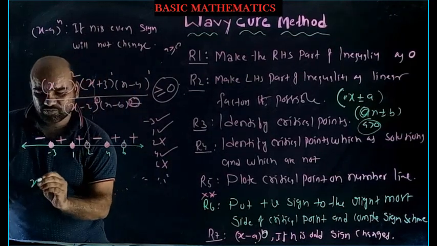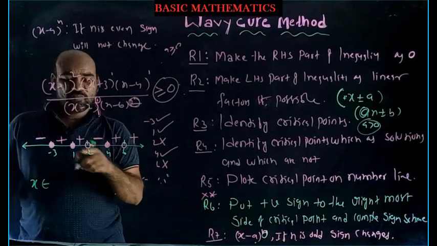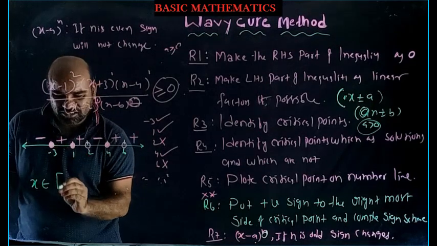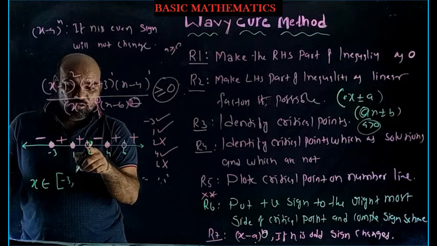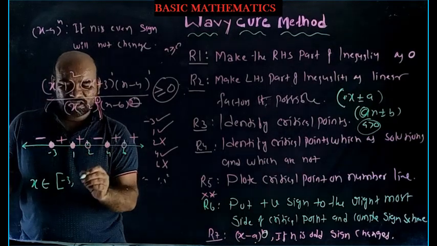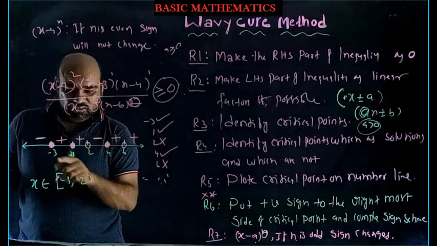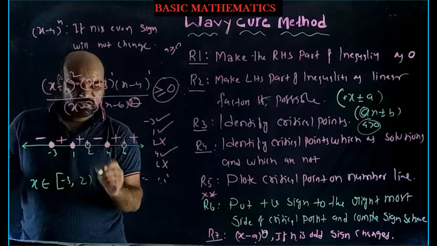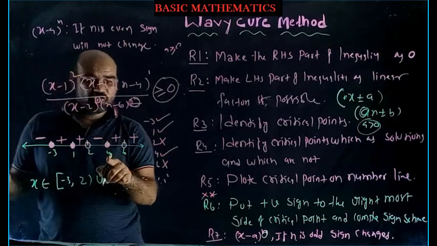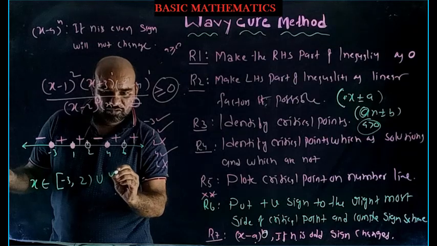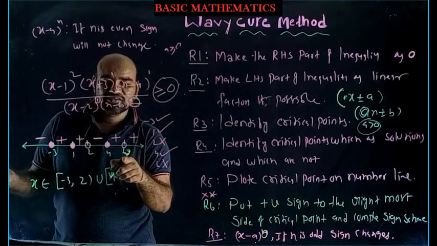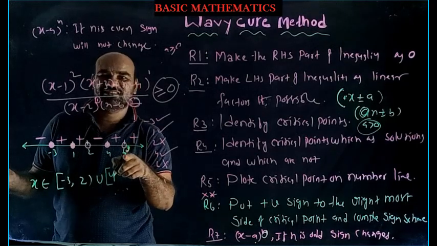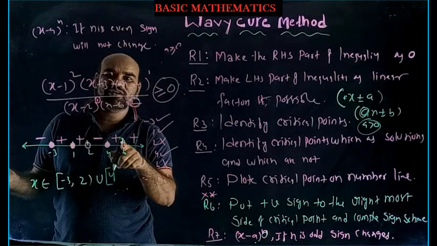Important. x belongs to the positive intervals: minus 3 closed, because minus 3 is a solution, to 1 to 2. 1 is also there, so no need to write a comma; up to open 2. So minus 3 to 2, union 4 to infinity excluding 6. 6 is not there, here is an open circle.